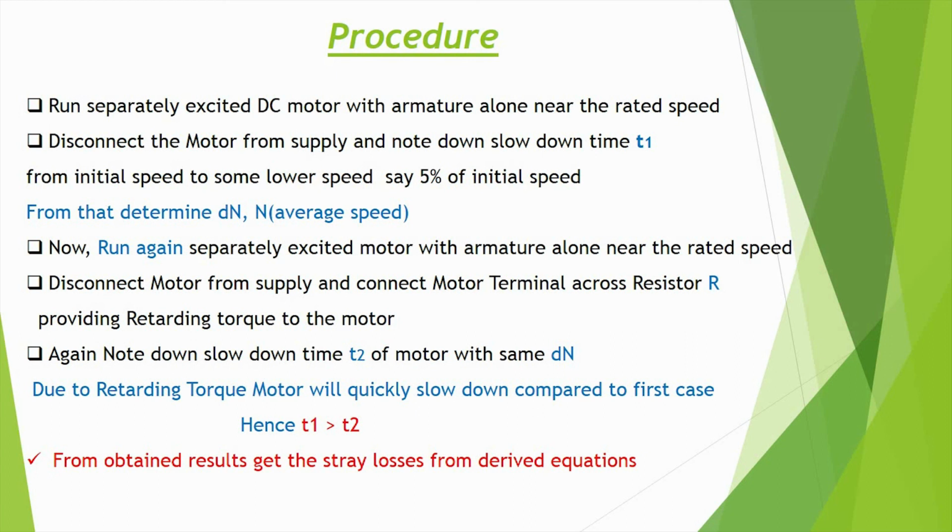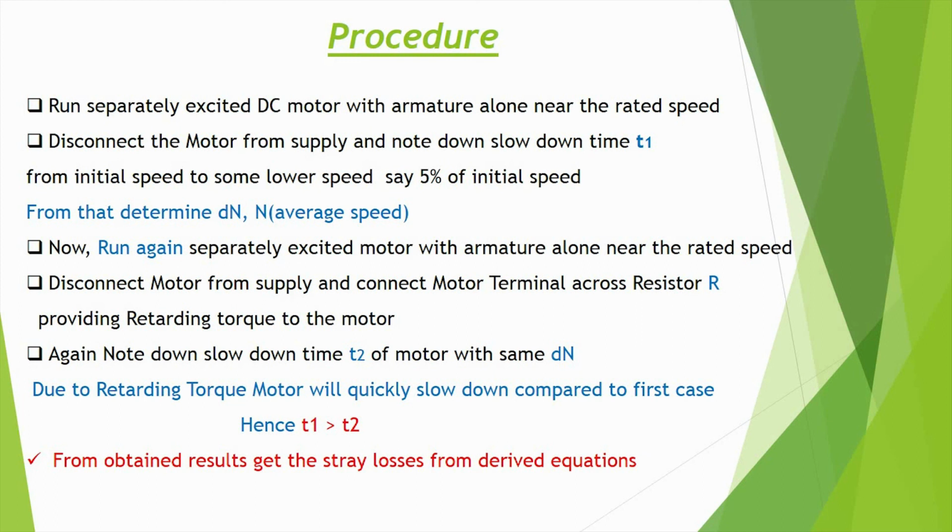Then we take two instants of speed and note the time between those two speeds. Here we take dN as the average speed, which is the first instant of speed plus the second instant of speed, divided by 2.